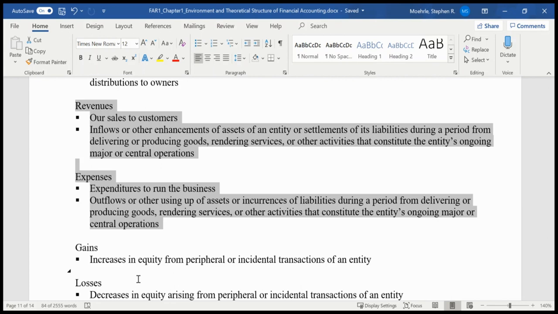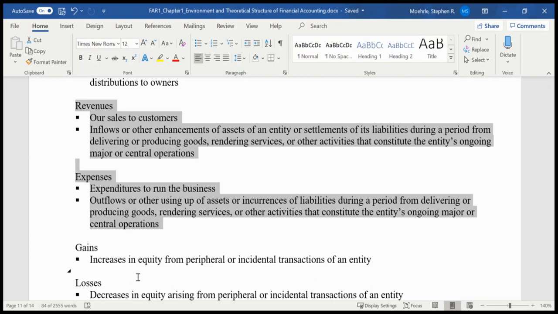The expenses are the expenses to provide the food, make the food, serve it, and buy the drinks. Those are the revenues, and they're central operations of the business.